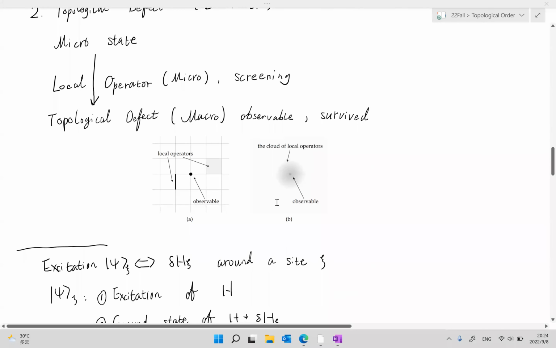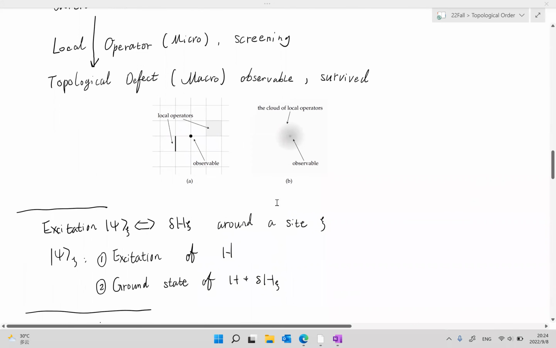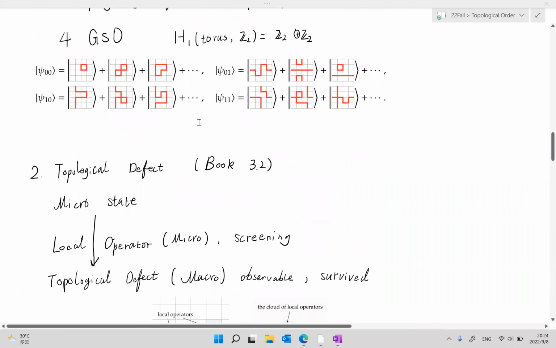I think this argument is not rigorous. And what's observable here? Observable should be some kind of operator too. Yeah, like in quantum mechanics. So such as here, the very long strings. Is this observable?